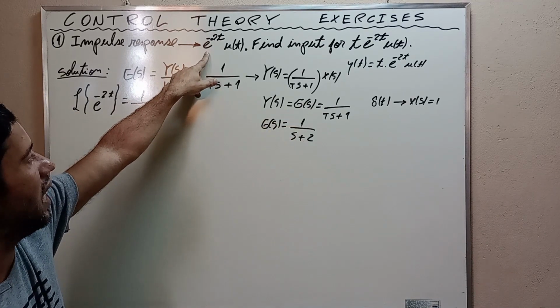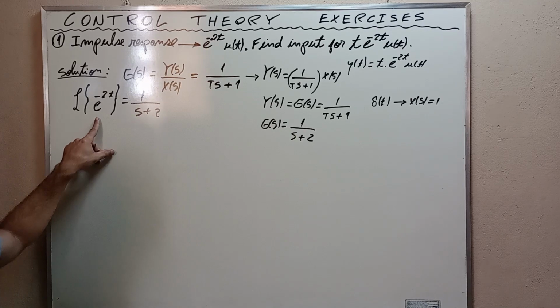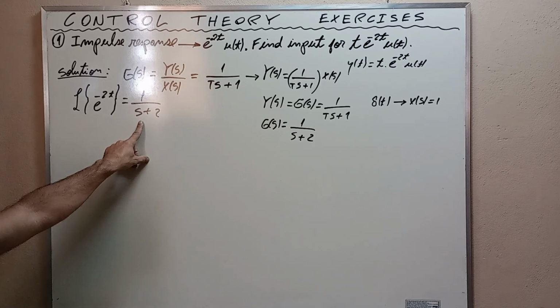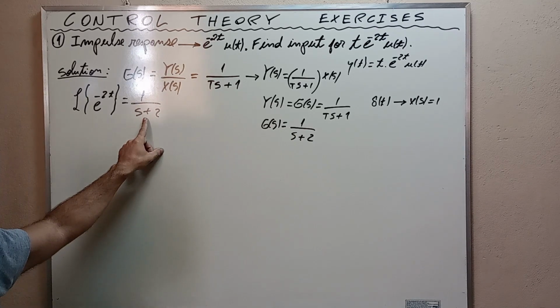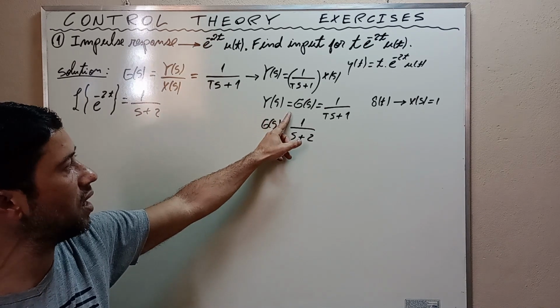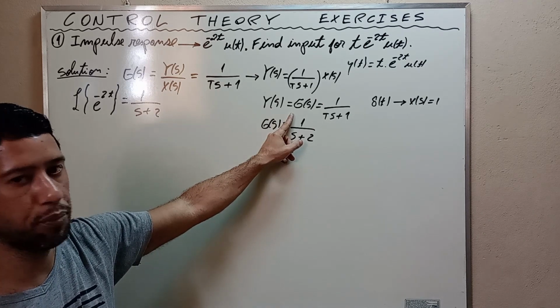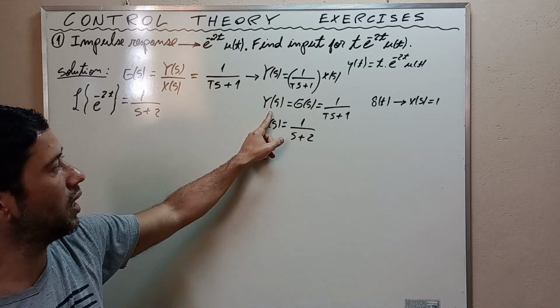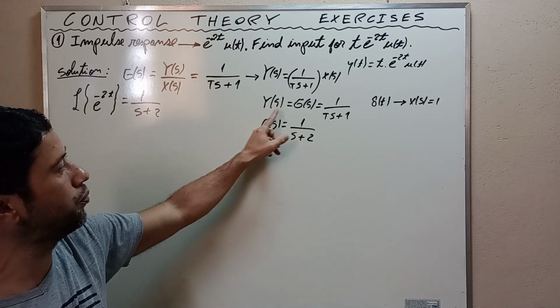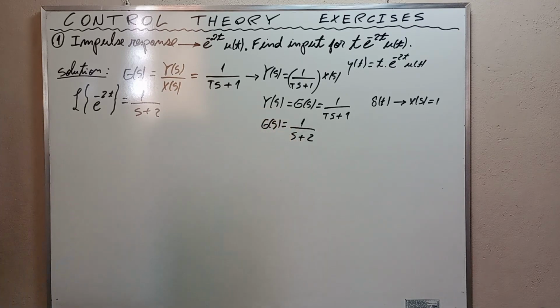But we found out that when the impulse is the input, the Laplace transform of the output is going to be equal to the Laplace transform of the transfer function, both in the time domain and in the frequency domain. Alright, this is the realization that we needed.